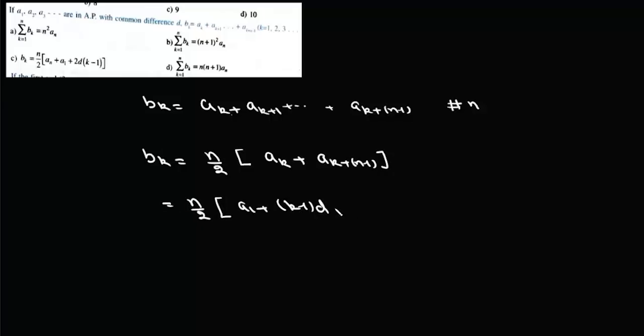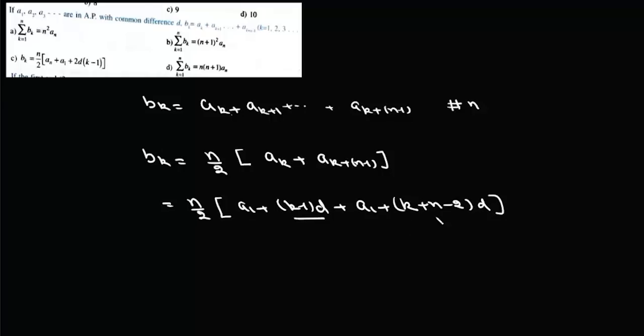We can write this as n by 2, and it will be AK plus AK plus n minus 1. Now AK is the kth term, so it will be A1 plus k minus 1 d, and this AK plus n minus 1 will be A1 plus k plus n minus 2 d.